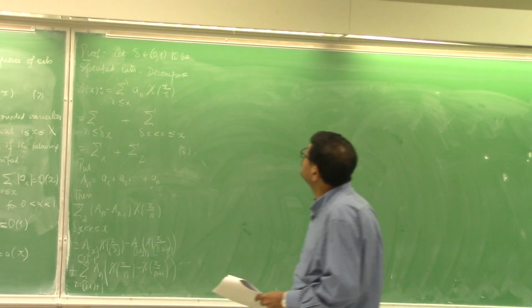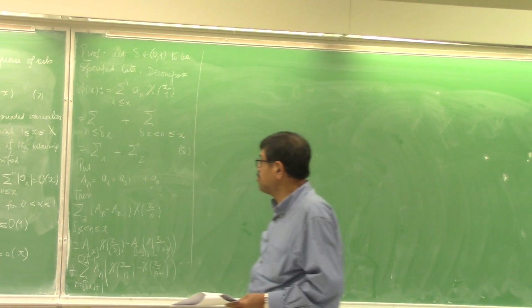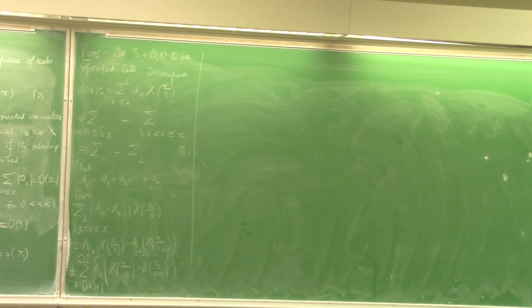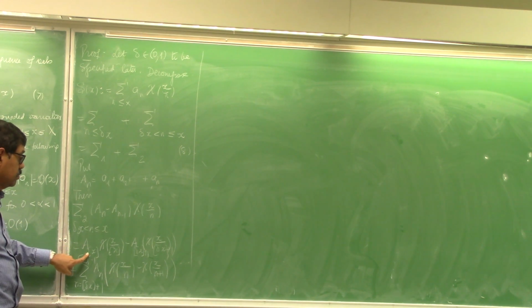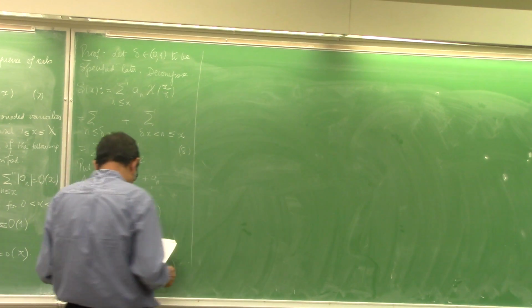All right, now, what can you say about this quantity? You see, this is your A of x. So this is little o of x. Chi is bounded. So let us take the case A first. Okay?